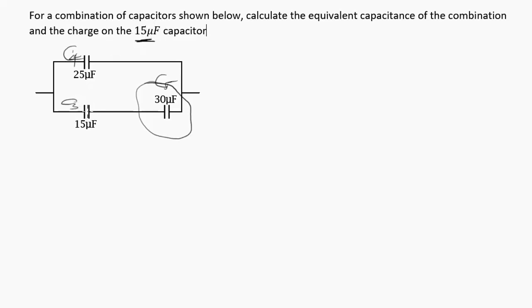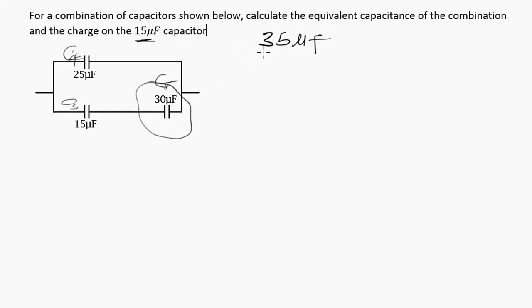If we want to find the charge on C3, which is the 15 microfarad capacitor, first we need to realize that a combination of this and this gives us C6, and then with that we had a parallel combination which gave us C7, the equivalent capacitance of the capacitors here, which was realized to be 35 microfarad.